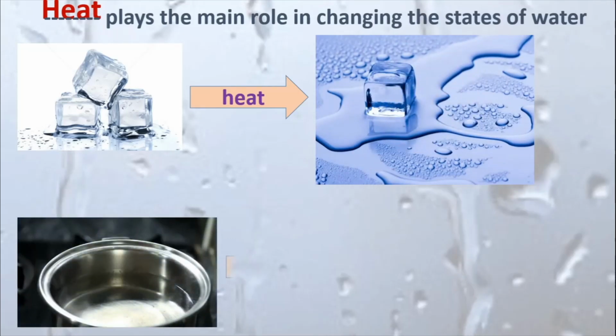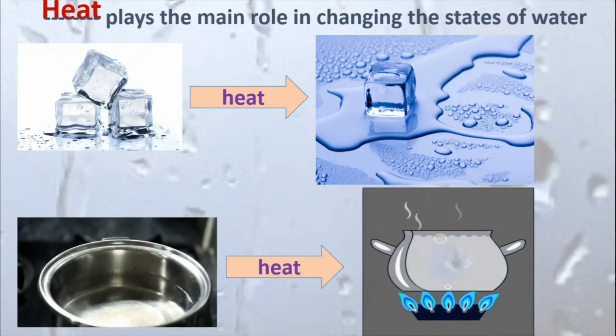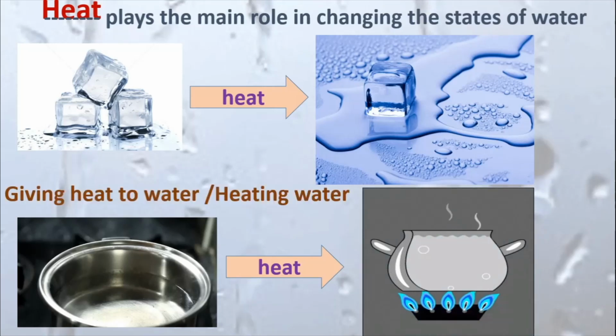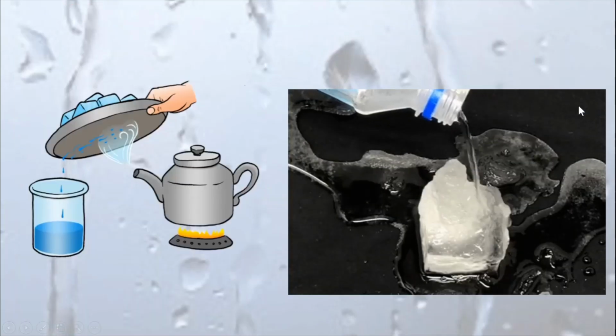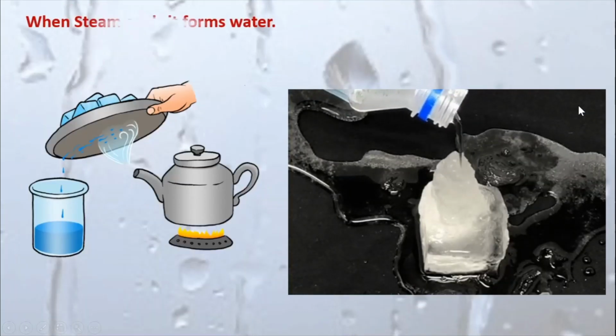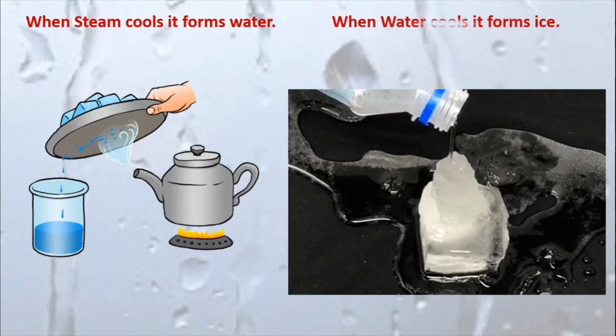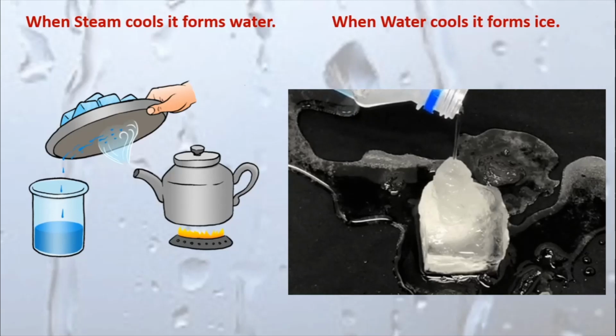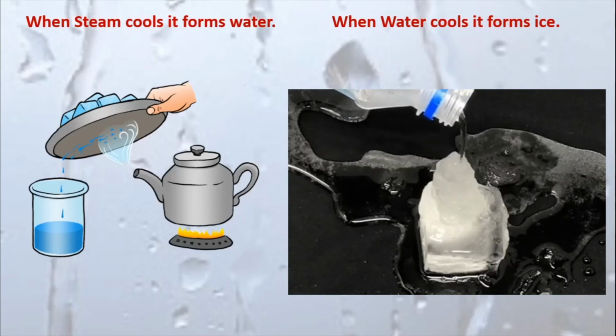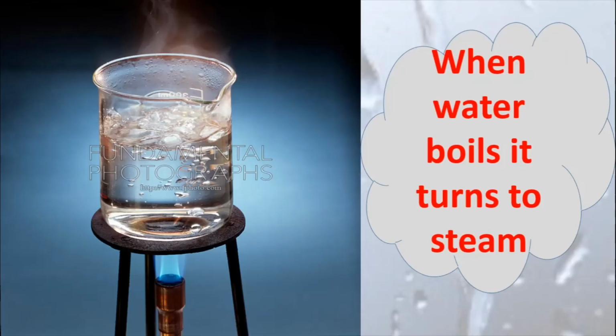When you heat water, it becomes steam. So heat plays a main role in changing the states of water. Giving heat to water makes it change its state. And when steam is cooled, it forms water, and when water is cooled, it forms ice. So this is about the states of water.